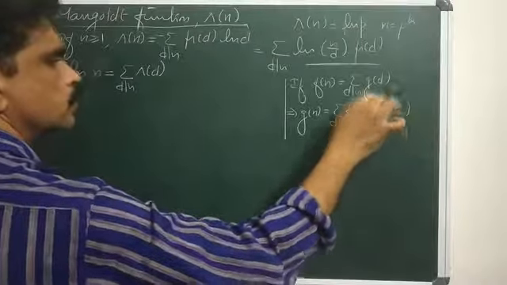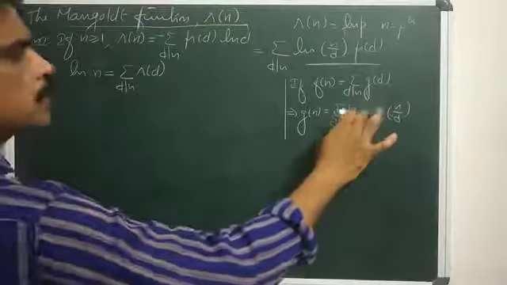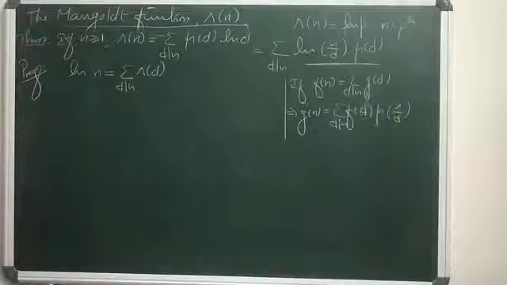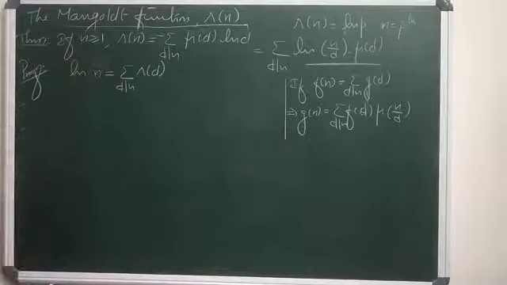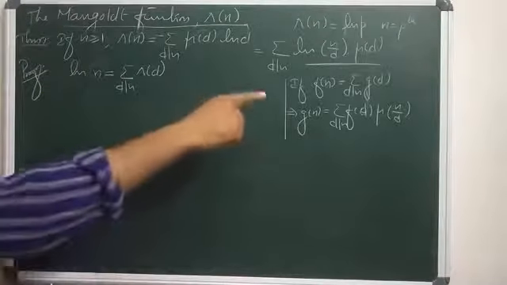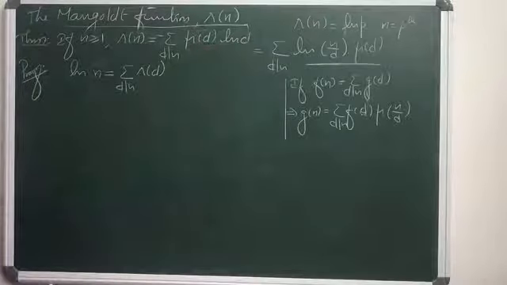If f(n) equals Σ_{d|n} g(d), that implies g(n) equals Σ_{d|n} f(d) μ(n/d). In the light of that argument, instead of f(n), here it is log n, and instead of g(d), here it is Λ(d).